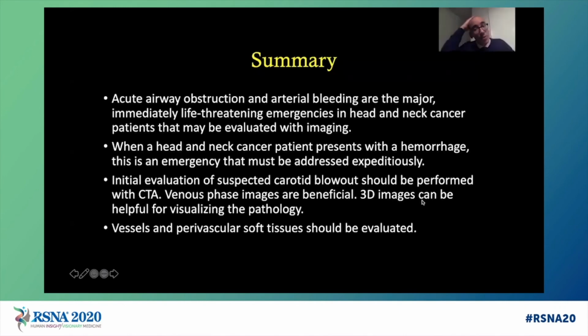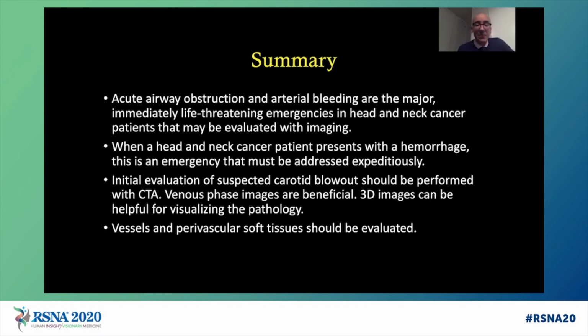So in summary, we talked about airway obstruction and arterial bleeding as being the major life-threatening complications in head and neck cancer. And just to focus on the carotid blowout, when a head and neck cancer patient presents with a hemorrhage, this is an emergency that has to be addressed right away. We typically evaluate this initially with CTA.